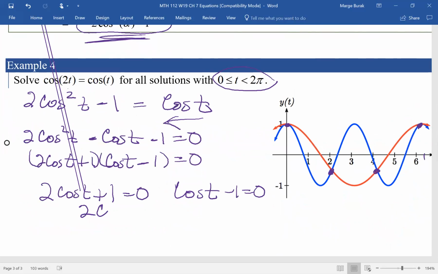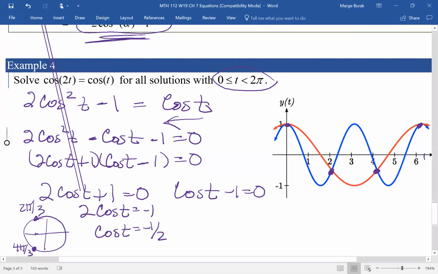And then we'll get 2 cosine t equals -1. Cosine t equals -1/2. And then you can see that t in that case on our unit circle is this guy and this guy, which would be 2 pi over 3 and 4 pi over 3.